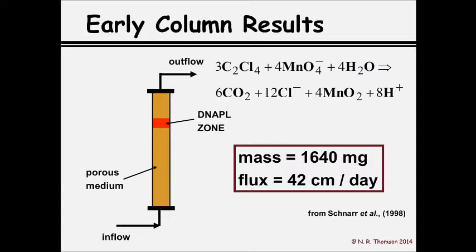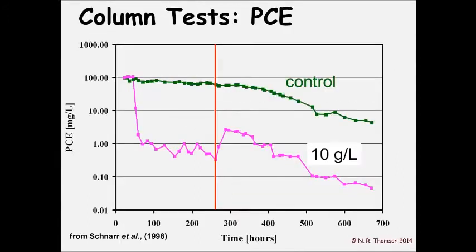So if we plot against time the profile of PCE from this column, here is what we get. Along the x-axis is time from the start of flushing. Along the y-axis is the PCE concentration, on a log scale.